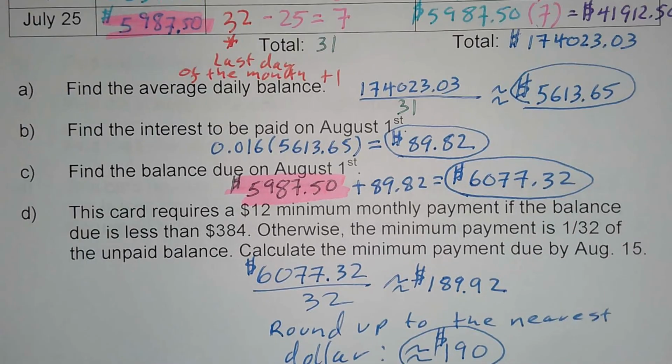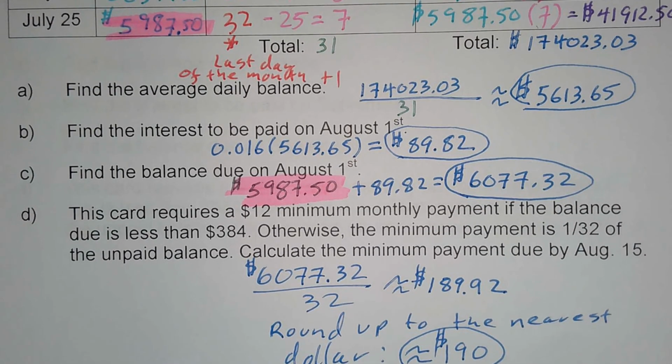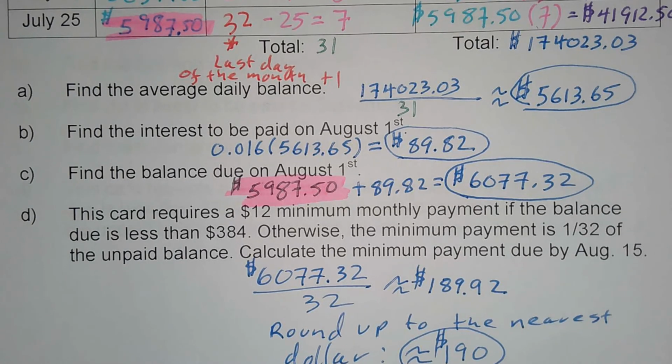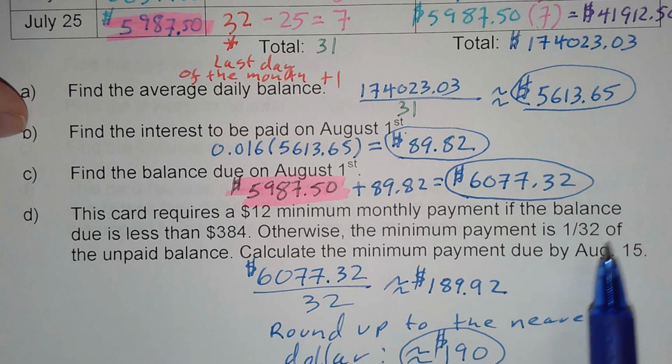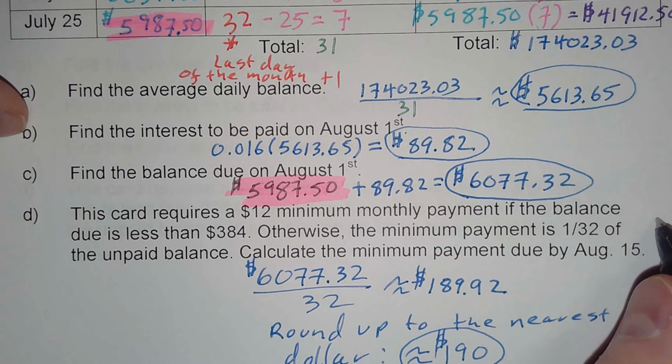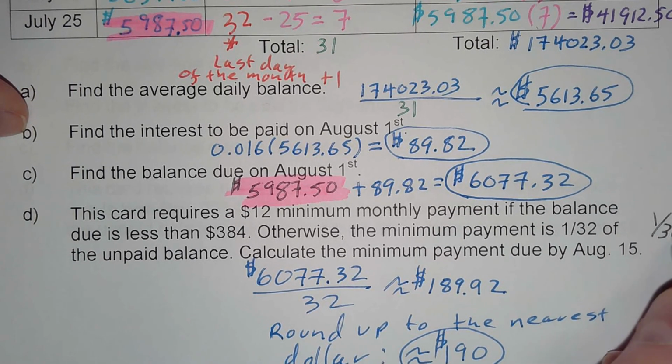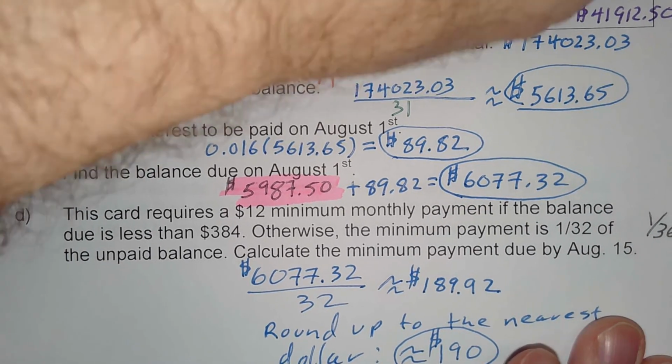By the way, in the problem in MyLabs Plus, if they do not give you this fraction of the payment, you want to assume that they're using 1/32 if it's not given.